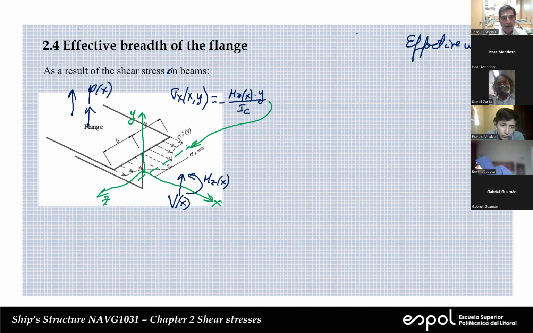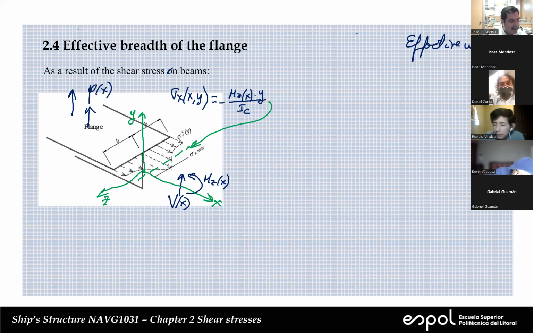See? The mean value is the one we obtain after applying this expression, but in this distribution, in the connection with the vertical element, we have the largest value.